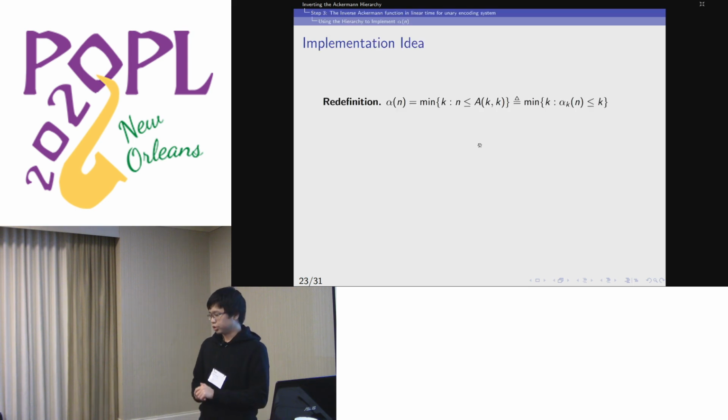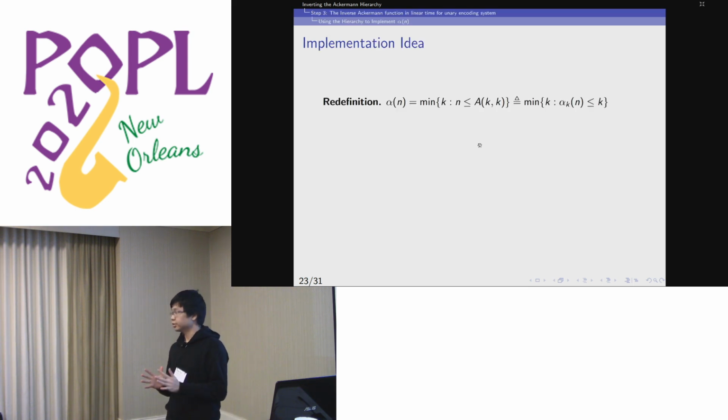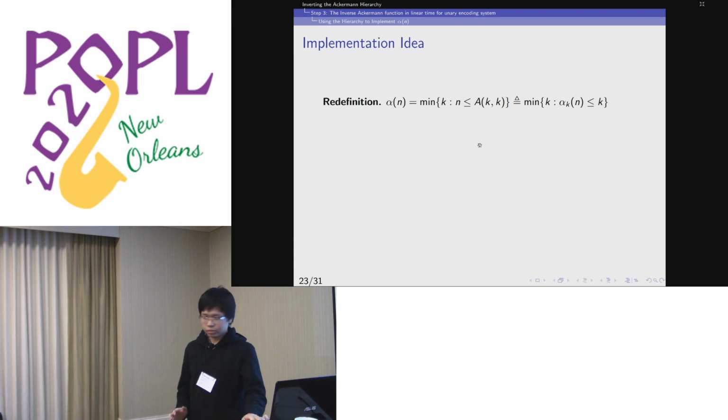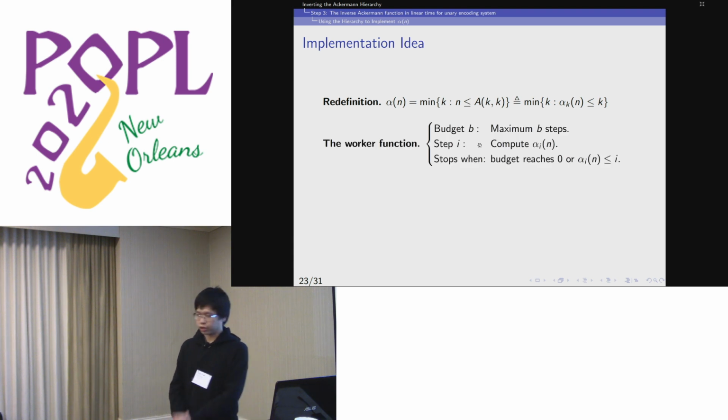Okay. So by using the upper inverse relation, we can redefine alpha in terms of alpha k. And with this, we use the same idea of the worker function to compute it. At each step, we compute one number in the tower with n as the argument, and we stop when we reach some I that satisfies that alpha I of n is less than or equal to I. This is the correct value for alpha n.